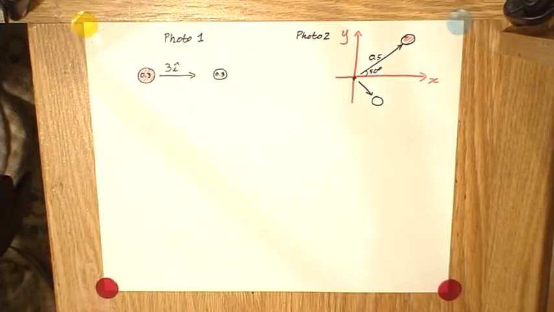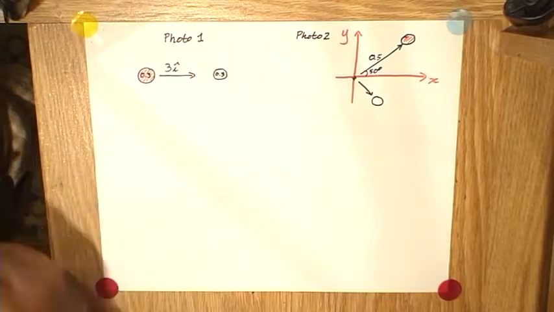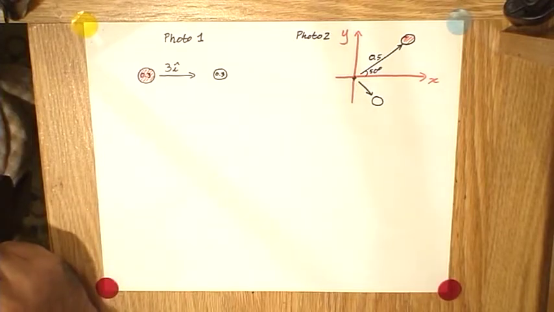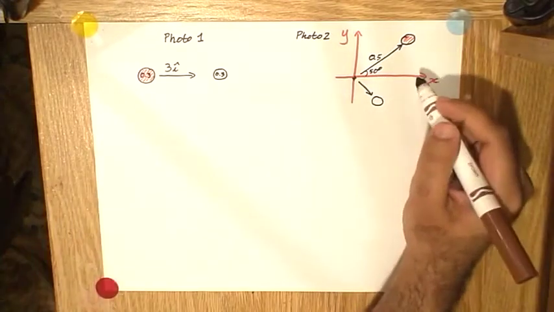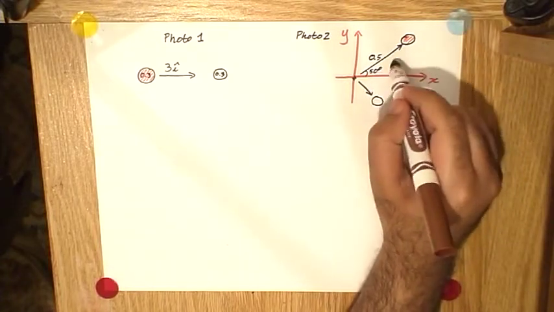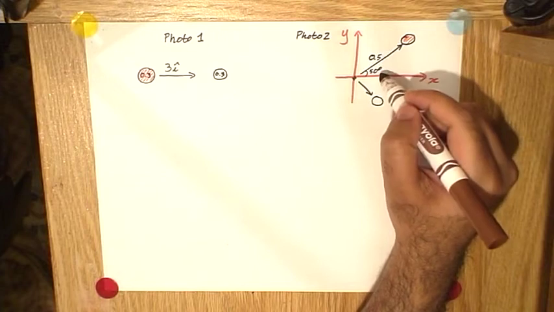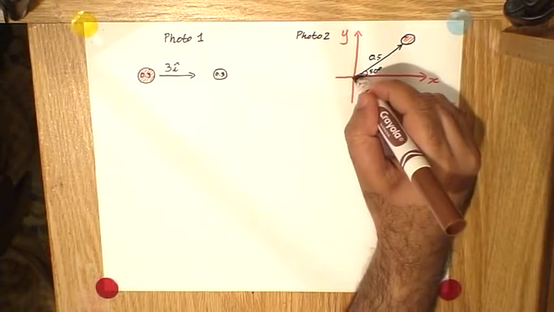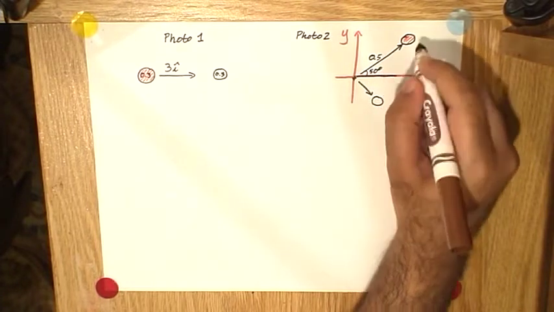This question is very similar to a scattering question that we saw in inelastic collisions. The first thing, as you probably guessed, that we need to do is we need to take this velocity vector, 0.5 meters per second at 50 degrees, and break it into its x and y components.